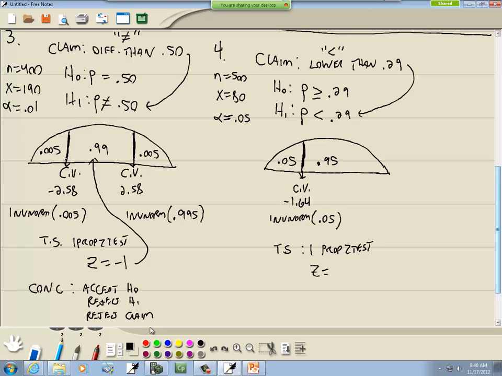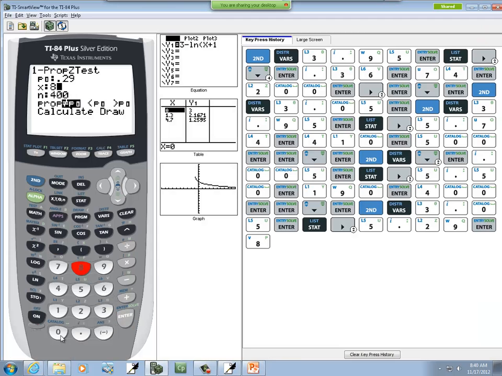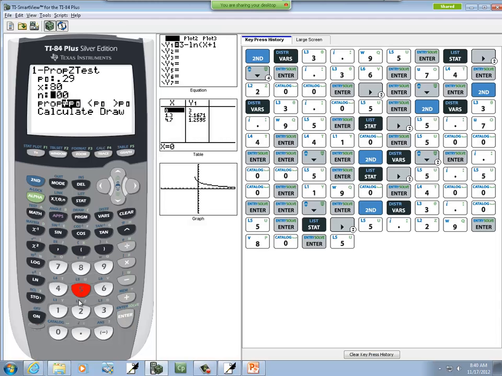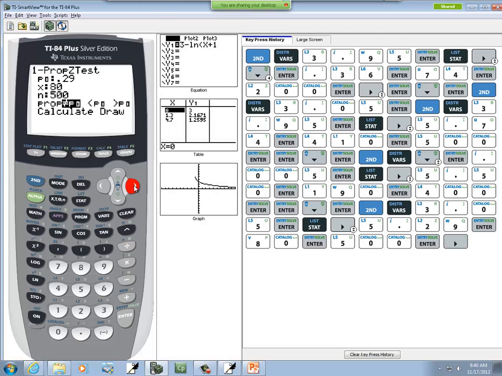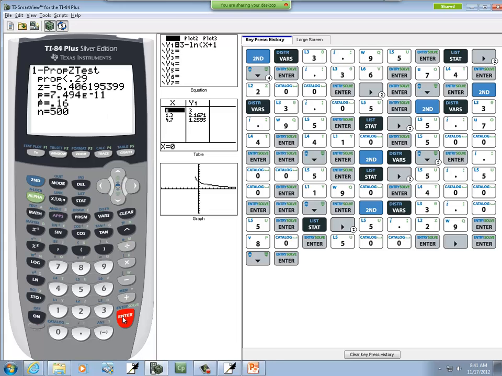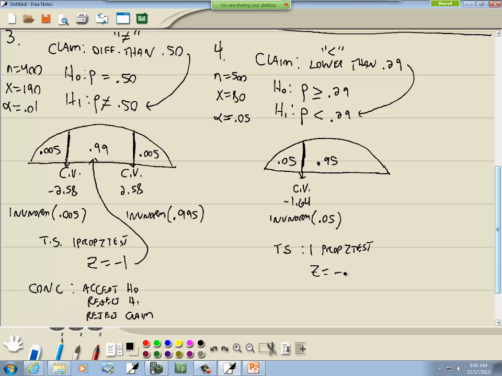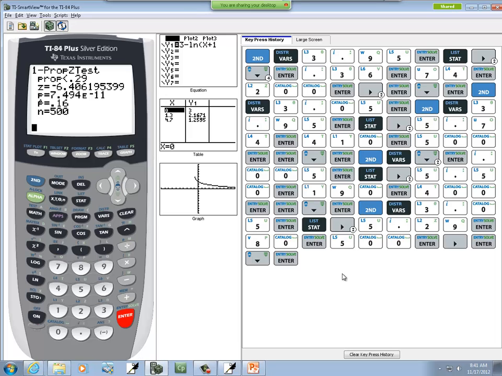X is 80. And N is 500. The symbol off of H1 is a less than, so press enter on less than. And now choose calculate. And we get negative 6.4.